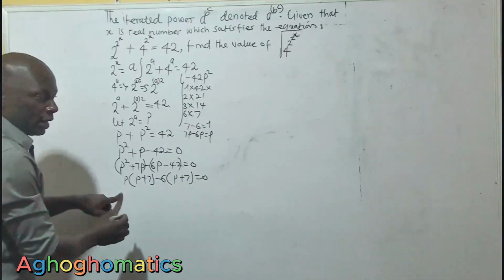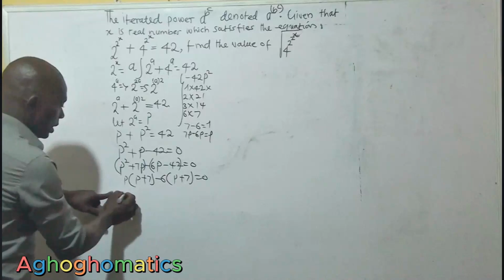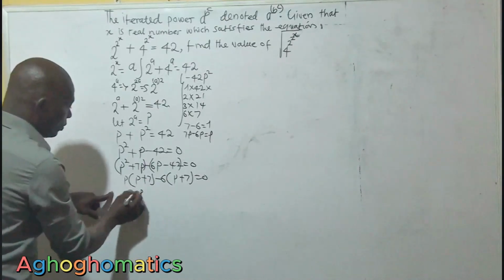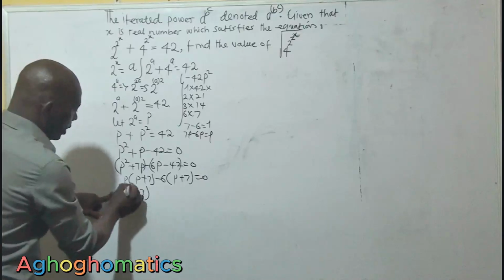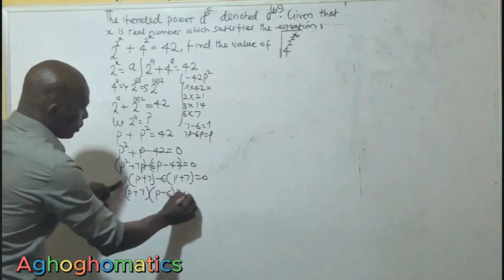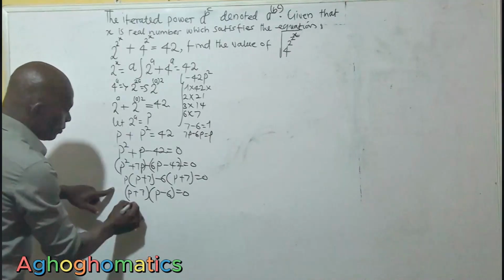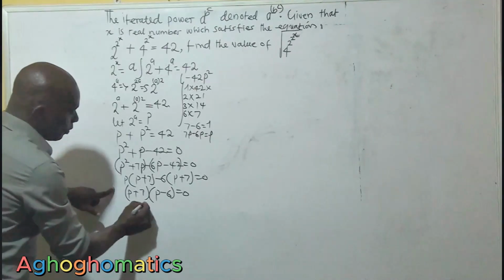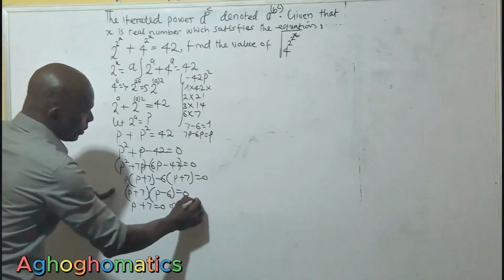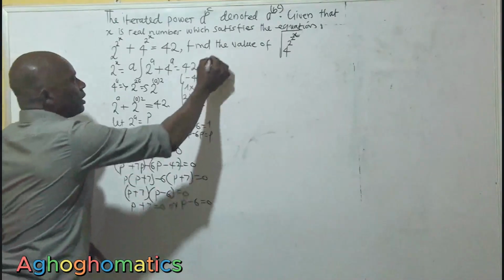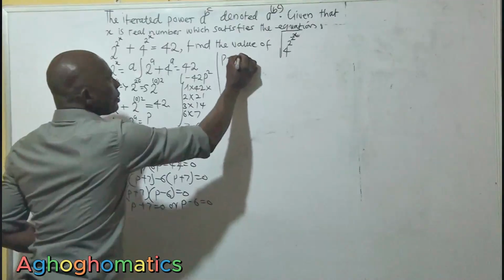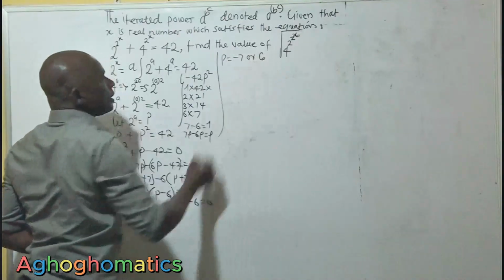Now the common one here is p plus 7, bring it out, and what will be left is p minus 6 is equal to 0. Here, p plus 7 equals 0, or p minus 6 is equal to 0. Therefore, p is equal to minus 7 or 6.